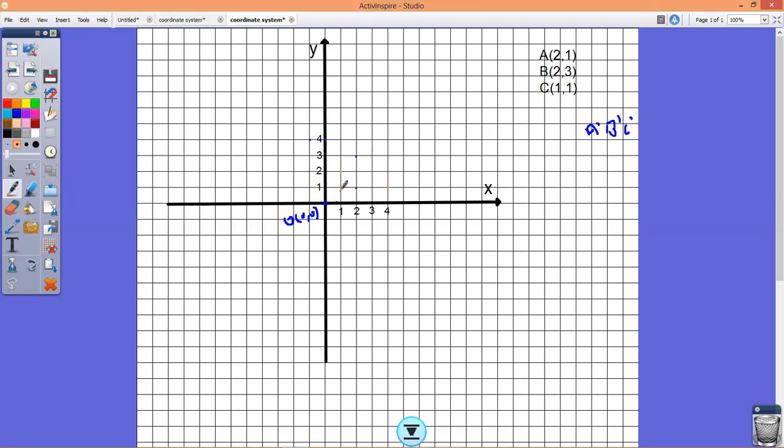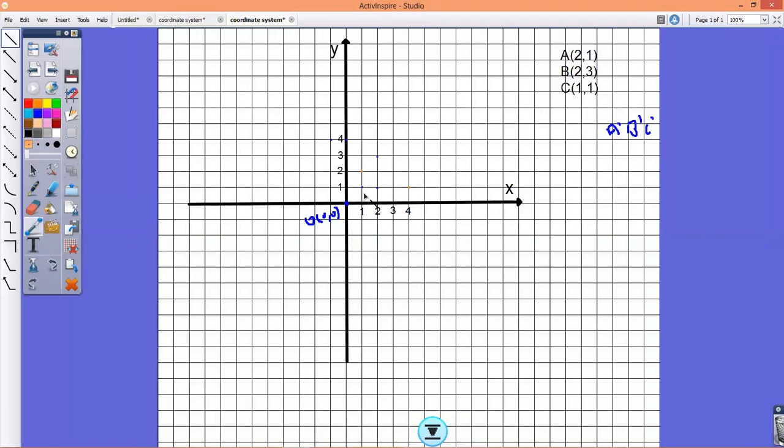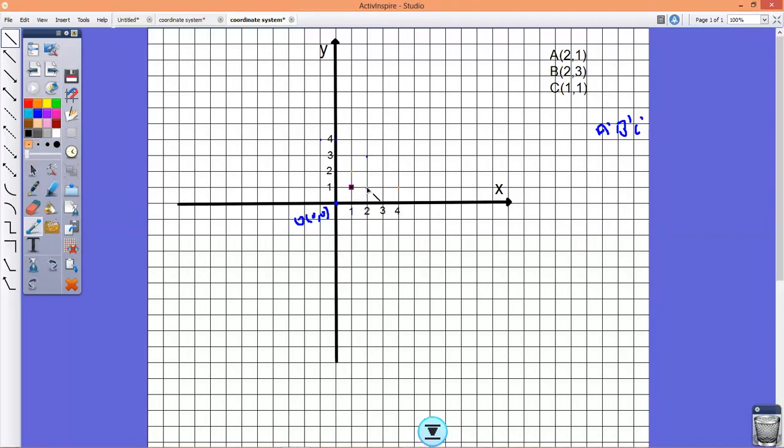The other one, (1, 1), it will be this point. Let's join them. Now this one with this one. This one with this one. And this one with this one. This is our triangle.